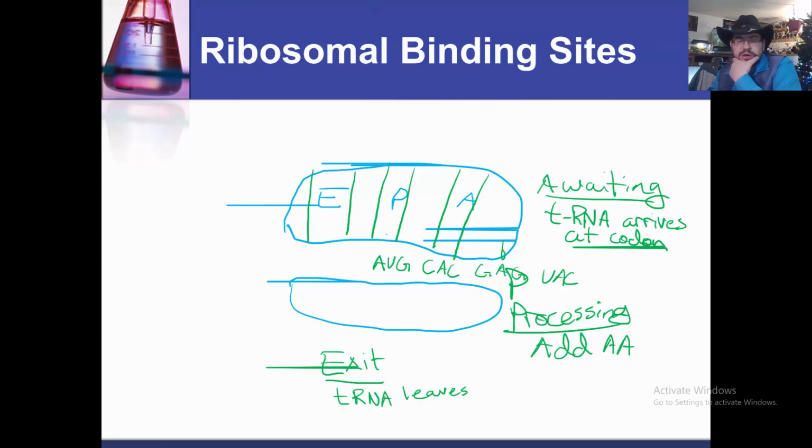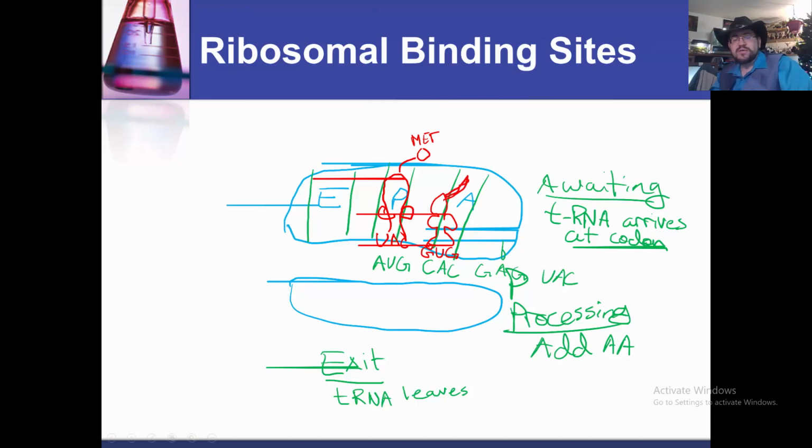So here comes our tRNA with its anticodon, UAC. The drawing is not great, but it drops its methionine down. At the same time, the tRNA with the anticodon for this codon at the awaiting site arrives, and it's waiting to add its amino acid.